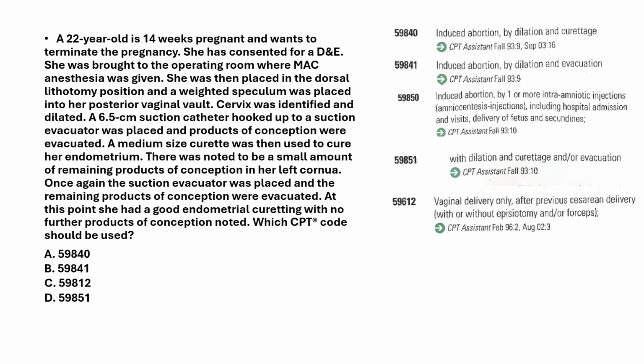But this is the indented code, so it is for the induced abortion by one or more intra-amniotic injections. So this code is used whenever the abortion has been induced by intra-amniotic injection, that is, by medication they have induced it.